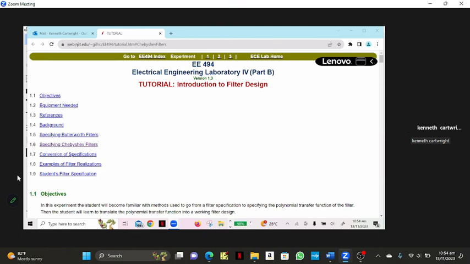What makes a Butterworth filter a Butterworth filter? All right. Nobody remembers 410. I feel insulted.